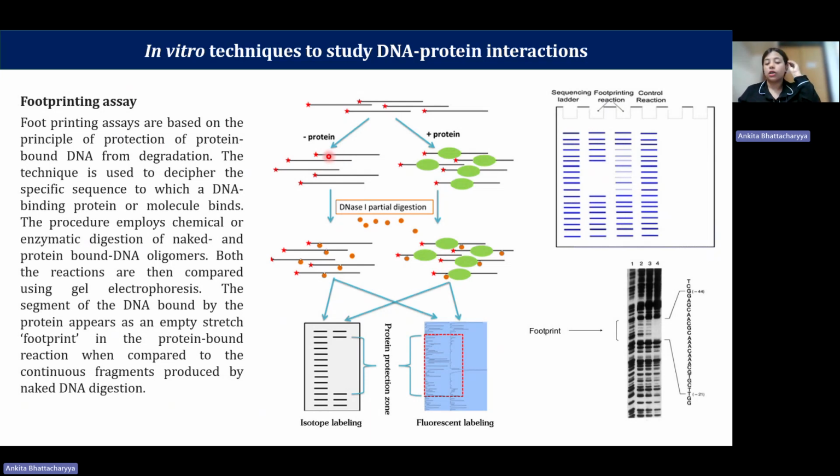Most commonly, or most primitively, what used to be done was radiolabeling of the 5' end of the DNA which is getting sequenced. So commonly you would use a heavy isotope of phosphate so that you can exchange the regular cold 5' phosphate with a hot 5' phosphate, which is radioactively labeled.